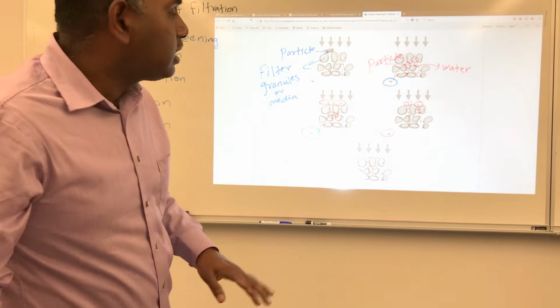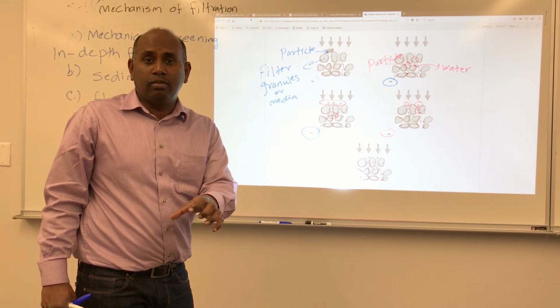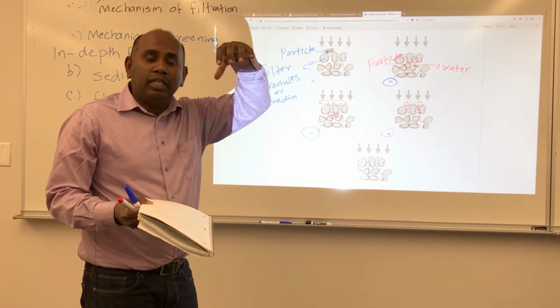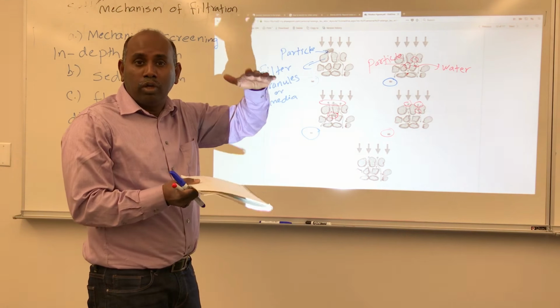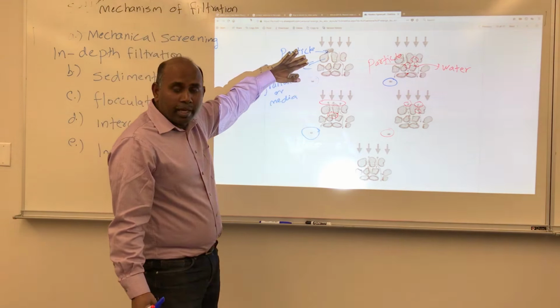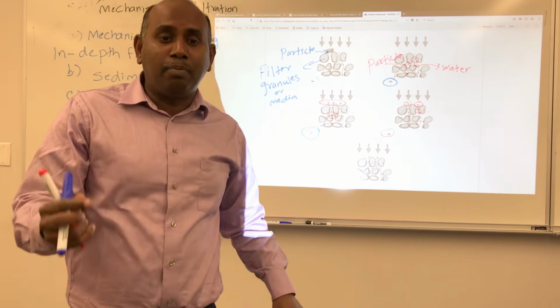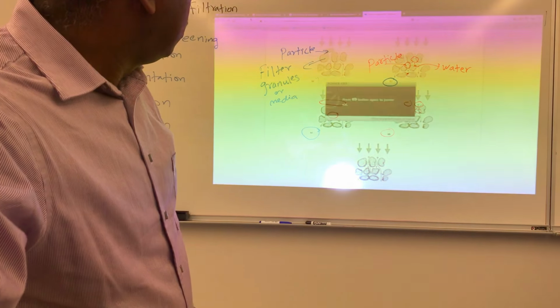So these are the four different types of in-depth filtration mechanism, meaning the filtration happens inside the filter and takes advantage of the whole depth of the filter, whereas mechanical straining is a surface process, which happens only at the top.